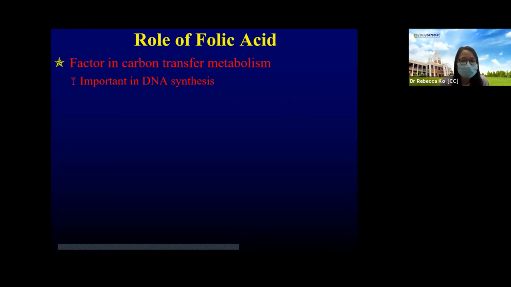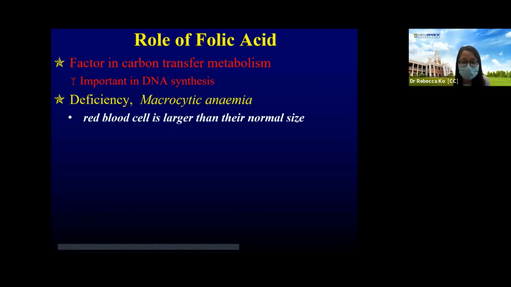Vitamin B9, the folic acid, is a factor of carbon transfer metabolism. It's also important in DNA synthesis. If there's a deficiency of it, macrocytic anemia is the problem. What will happen with macrocytic anemia? The red blood cell is larger than the normal size.